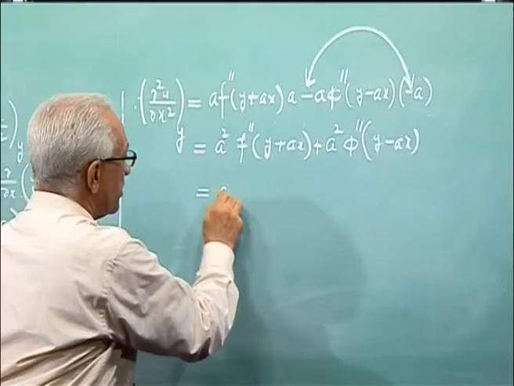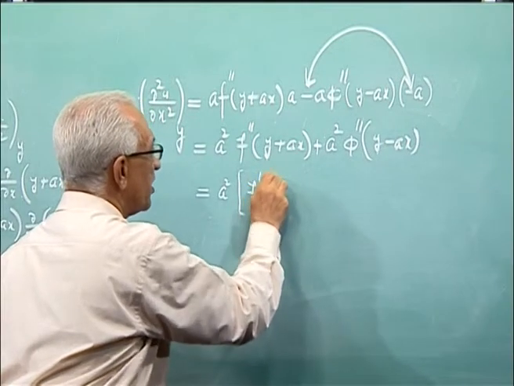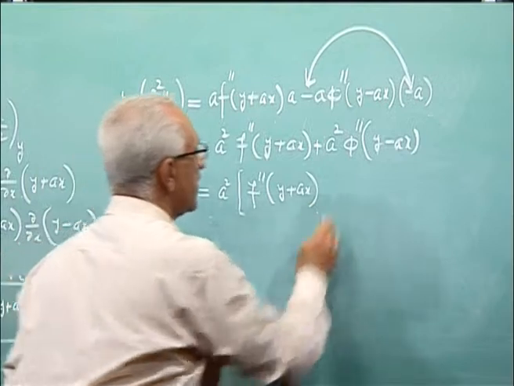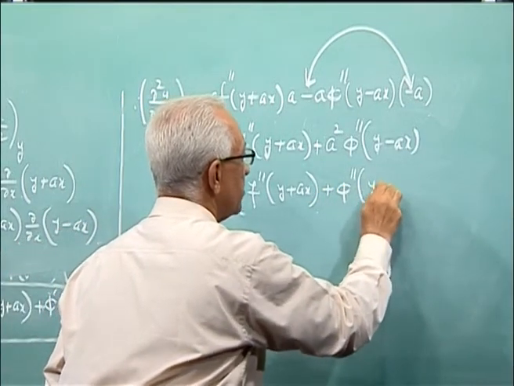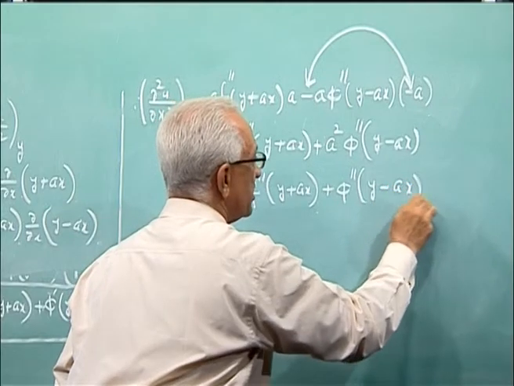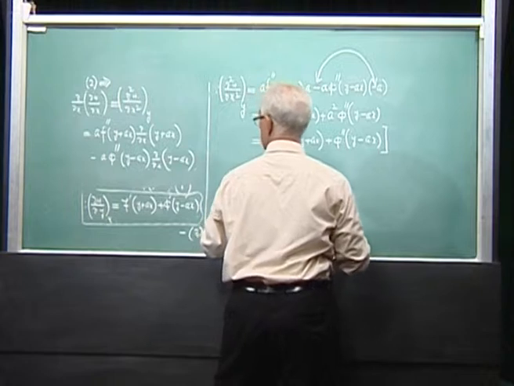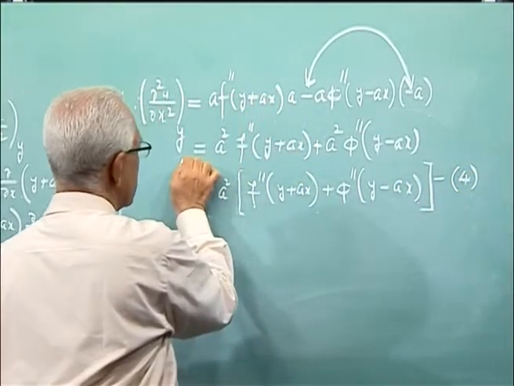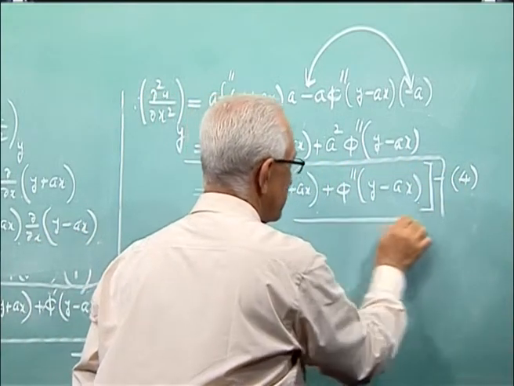I take a square common, and we have inside the bracket f double prime, means second derivative, y plus ax, plus phi double dash y minus ax. Let me call it as equation number 4. And once again, I will enclose it because that will give me the result.